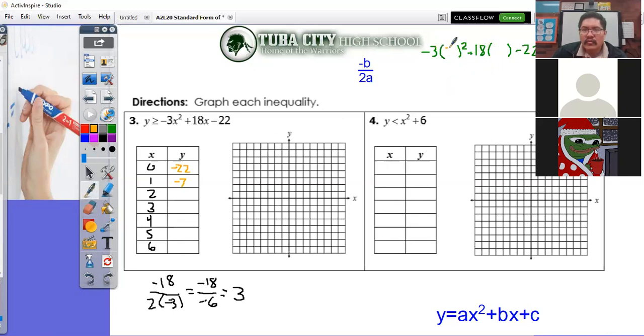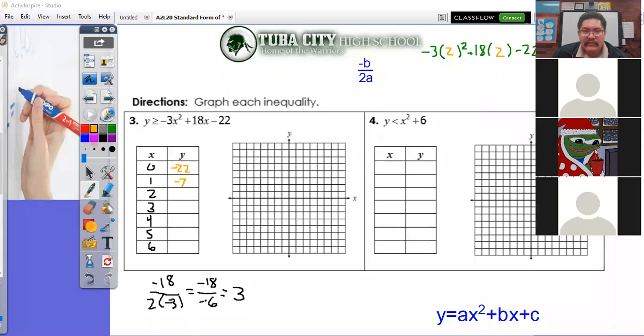And 2. So 2 squared is 4. -3 times 4 is going to be -12. It'd be -12 plus 36 minus 22.